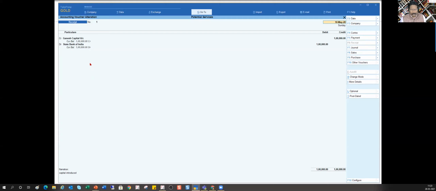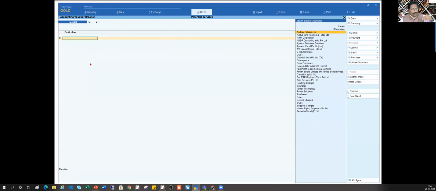Now this is an already saved voucher, so you don't have to save this again. You just press page down and it comes to the next voucher. Receipt voucher 1 is already saved, and now this has gone into receipt voucher 2, right?